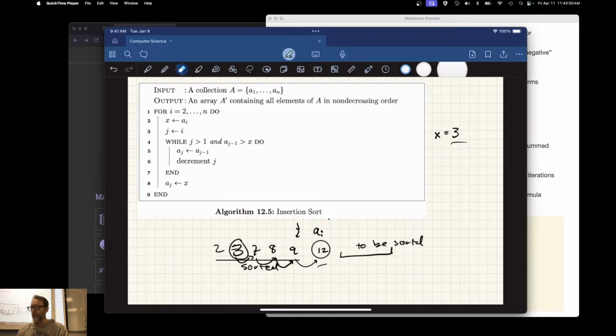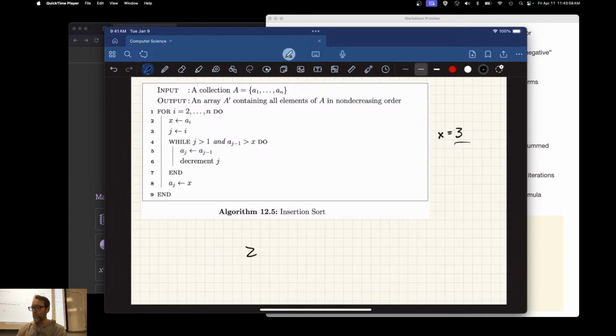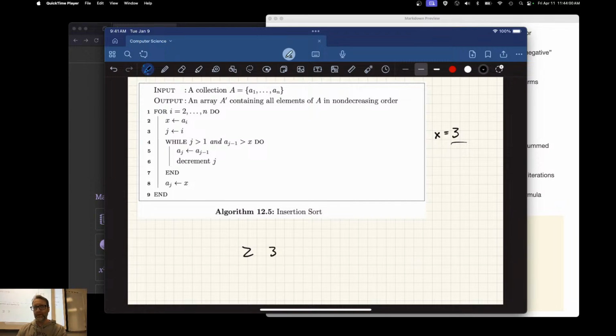All right, let's clean this up. It's 2, 3, 7, 8, 9, 12. I think it was. Now let's suppose that the next one is 50. Am I going to have to shift everything over?